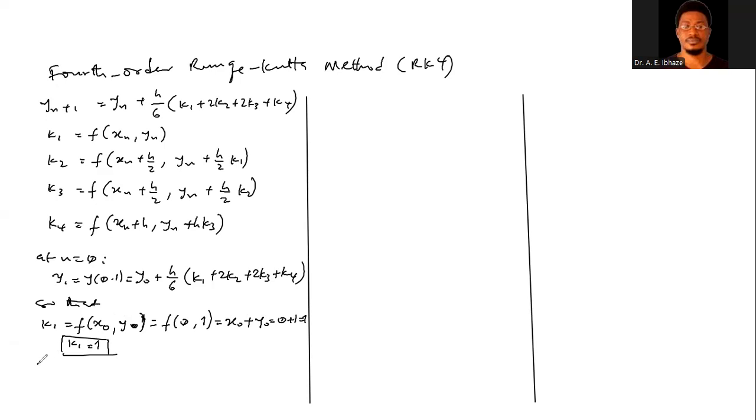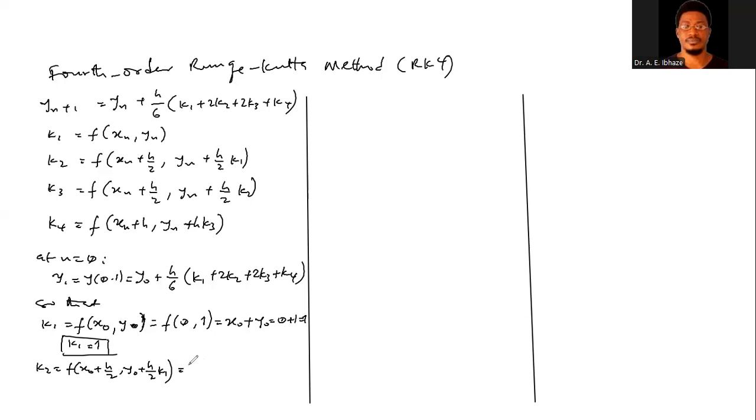Now k2 will be the same as f of (s0 plus h over 2, y0 plus h over 2 k1).